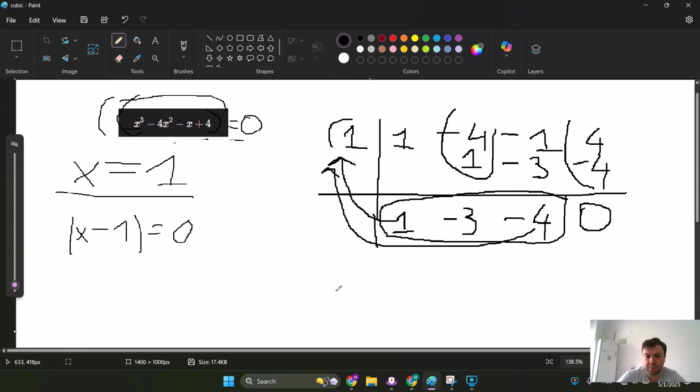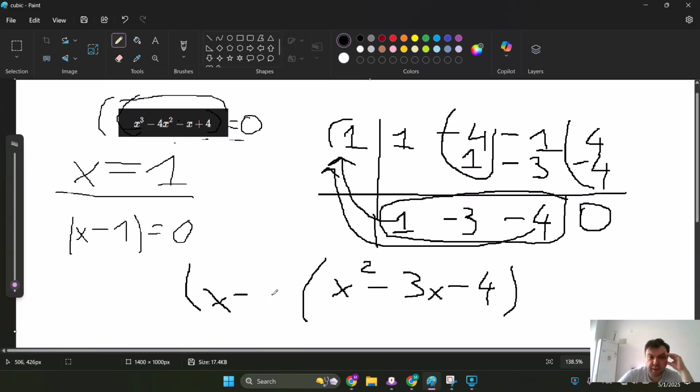The first term will be x squared minus 3x minus 4. Yes, we got our polynomial, simplified to a quadratic equation, which can be written like this.